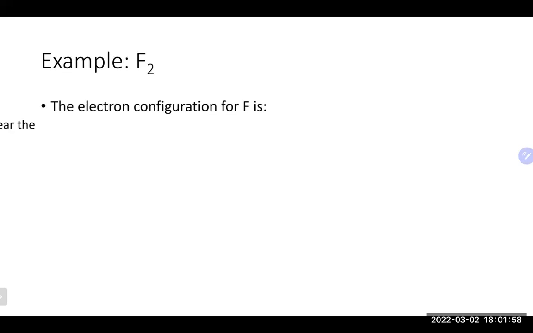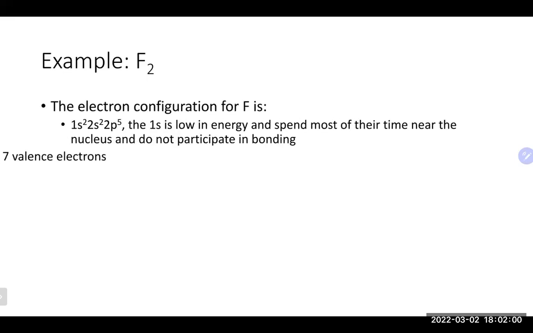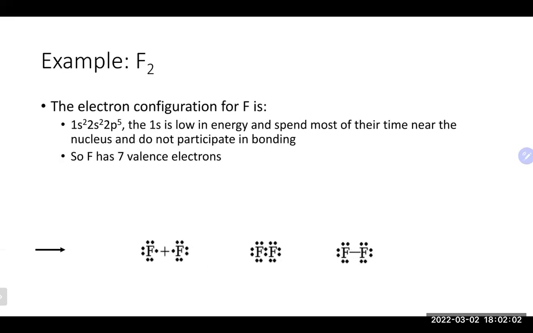Now, if we take a look at F2, for example, fluorine has 7 valence electrons. In this case, they are both fluorine, so they are going to end up sharing a pair of electrons. And again, you could represent it one of 2 ways. You could represent the electrons as dots, which are referred to as bonding electrons between 2 atoms, or you could draw them as a line.